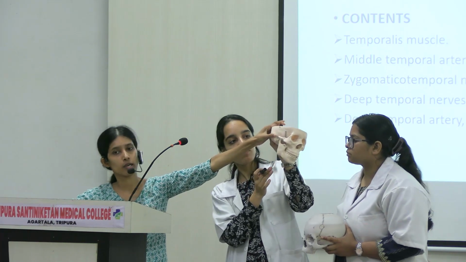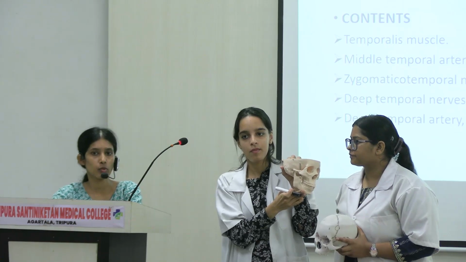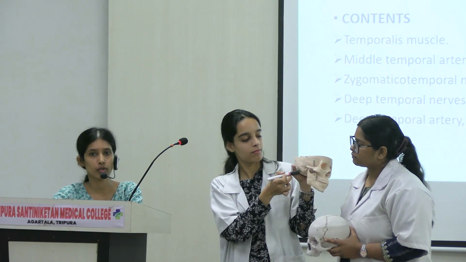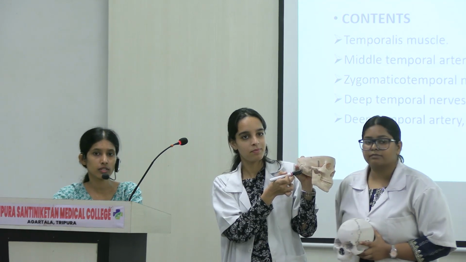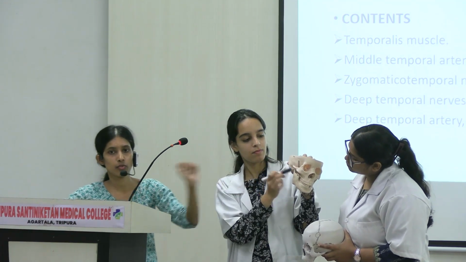This is the supramastoid crest. Next, superiorly it is bounded by the superior temporal line and inferiorly it is bounded by which structure? Zygomatic arch. This is the zygomatic arch.